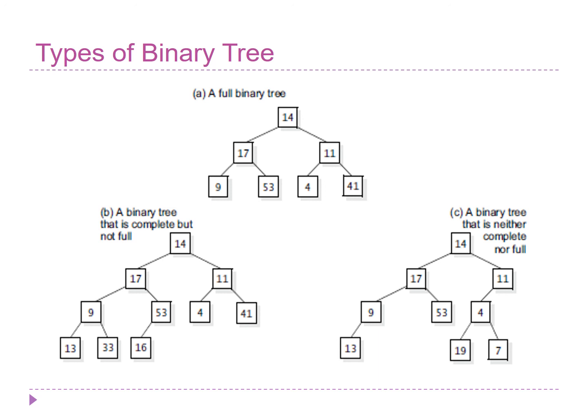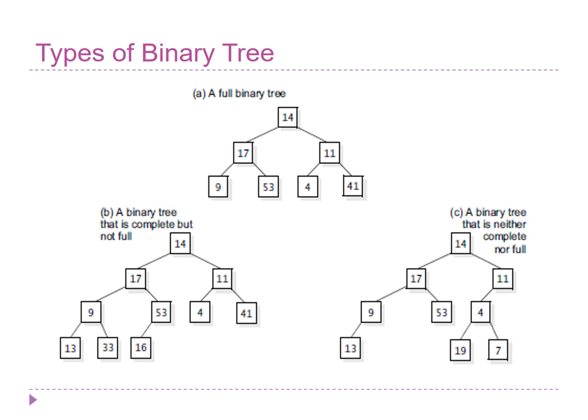The complete binary tree is a binary tree in which all the levels are completely filled except the last level, and the last level has all the nodes as far left as possible.